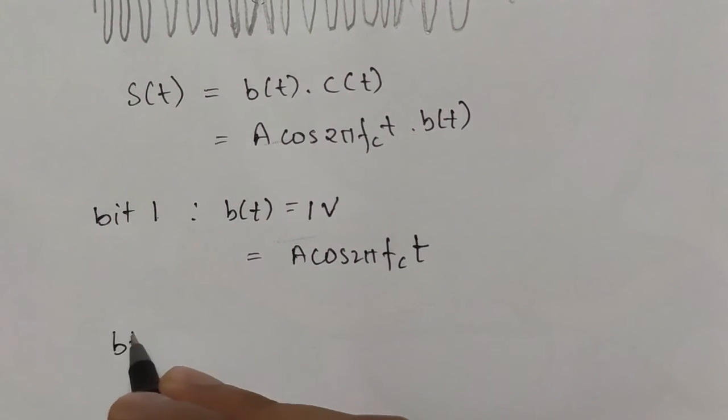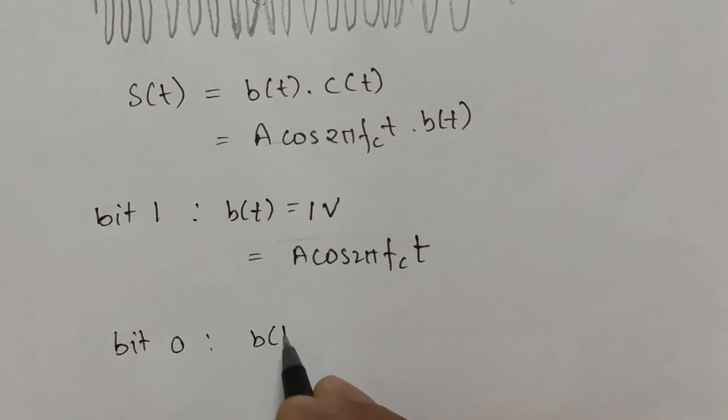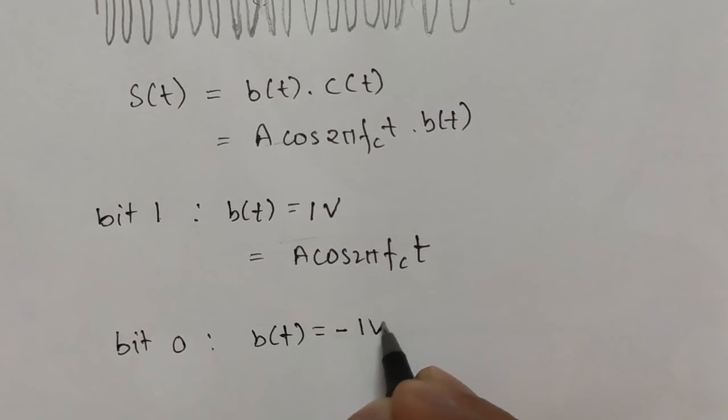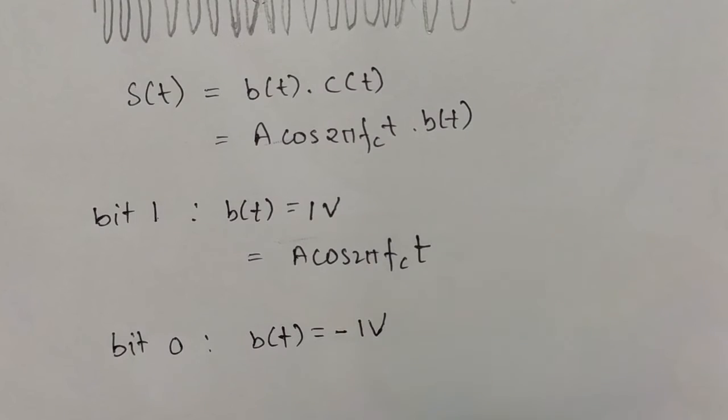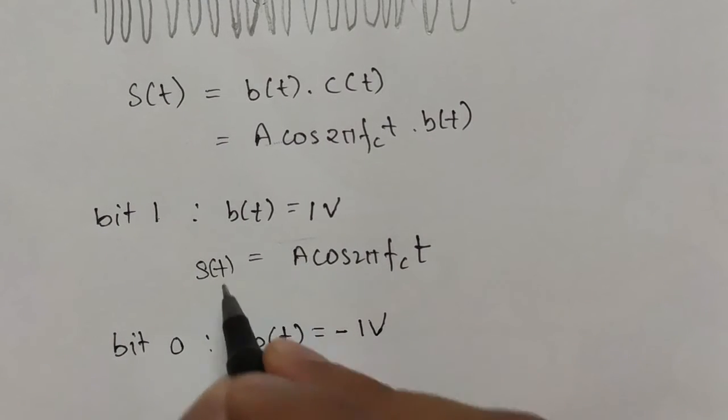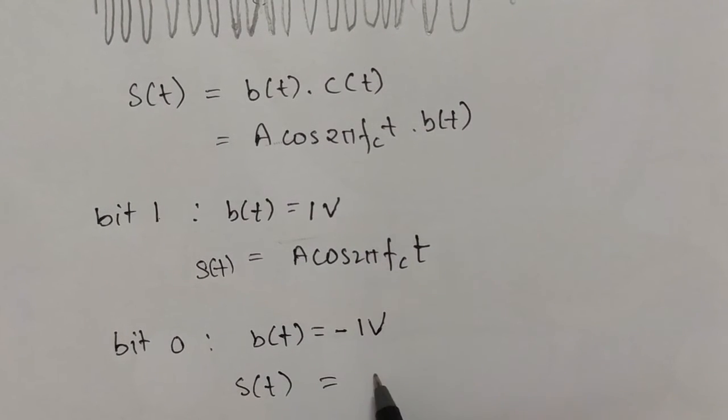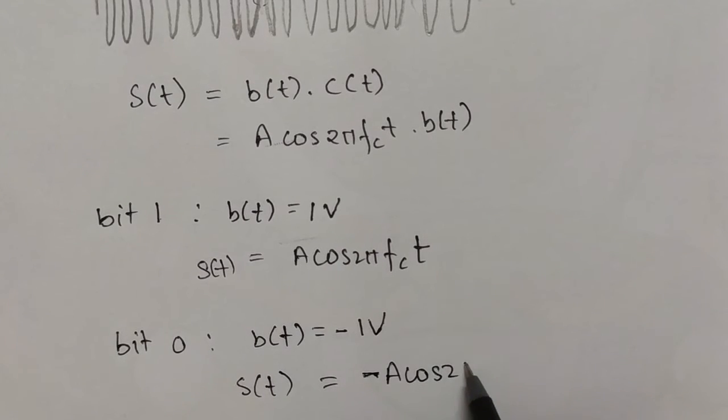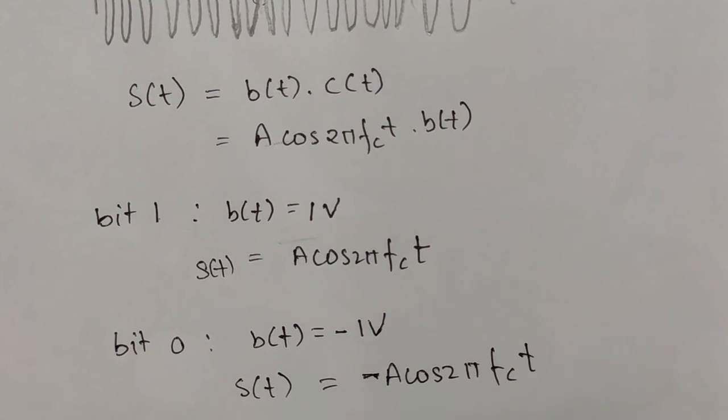For bit 0, we have B of t as negative 1 volt, right? We will put negative 1 volt. We will get S of t as minus A into cos 2 pi fct.